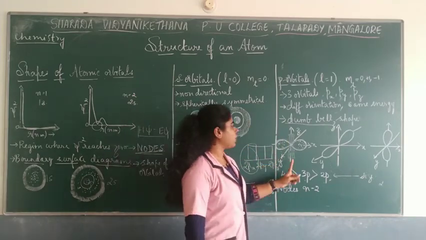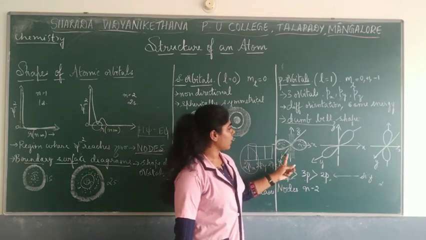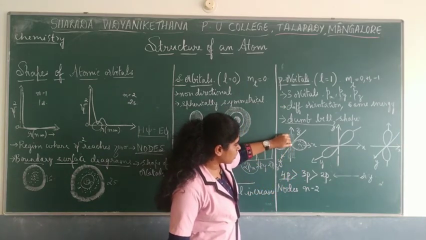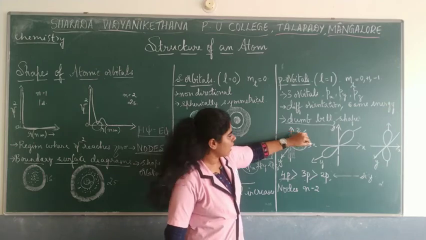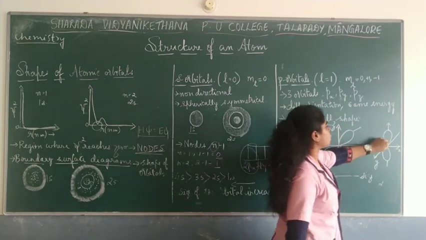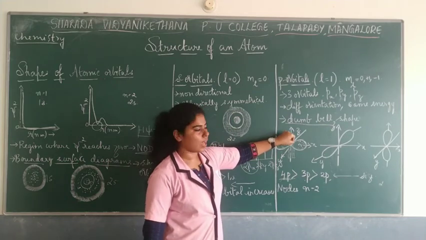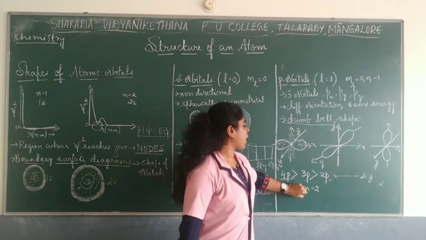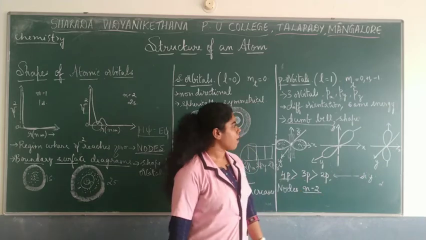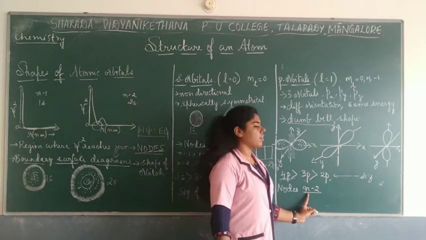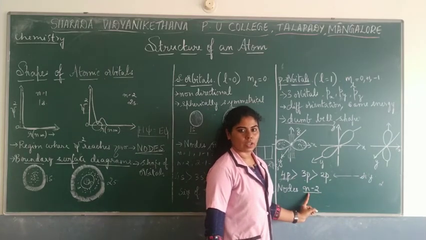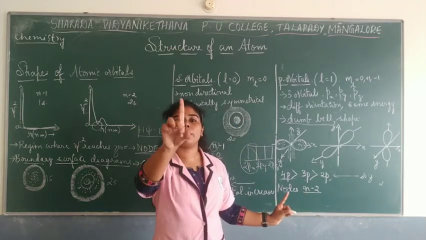Now in p orbitals, if you have to find the number of nodes: as I told you, in the center you have the nucleus here, here also, and here also. When you are talking about nodes, the formula is n minus 2. Here n, if it is 2, because a p orbital doesn't come in the first shell.